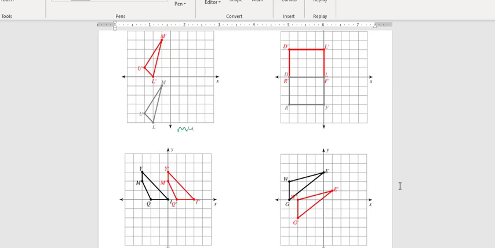This one, MUL, simply translated down 1, 2, 3, 4. This one, rectangle. What do we have here? DLFR.